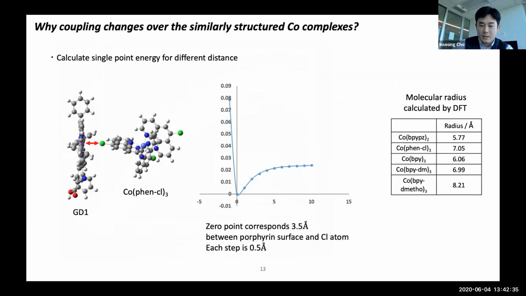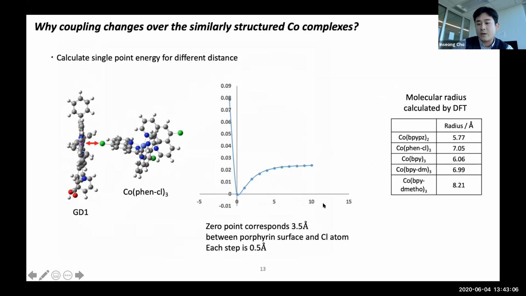So we needed to find out the reason why the coupling changes over the similarly structured cobalt complexes, so we did some calculations. First of all, the distance between the donor molecules and the surface bound acceptor molecules was calculated using single point energy calculation. And the van der Waals distance between the 2 molecules was shown to be 3.5 angstrom.